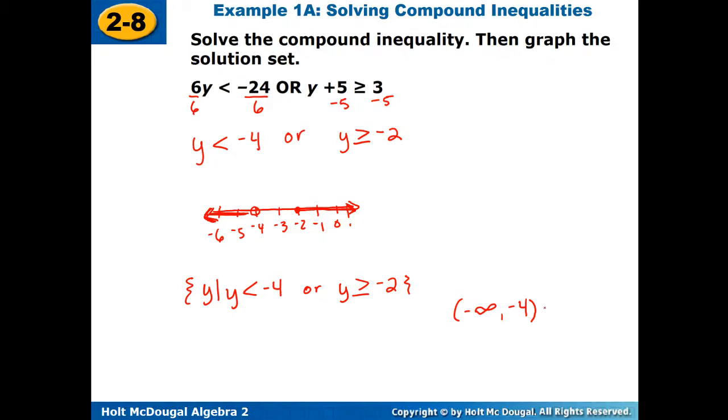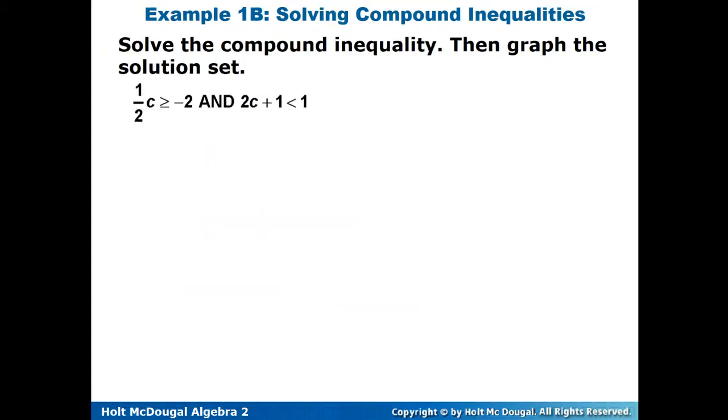And then we're going to say this little U shape, which means or, so it's going to be this interval or this interval, and the 2 is included in this one, and it goes all the way to positive infinity. And there's no ending on infinity, so we'll put a rounded interval bracket. Okay, there we go. Let's try another problem.